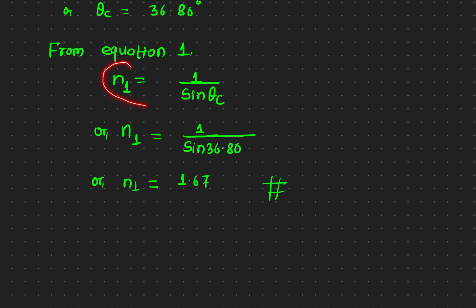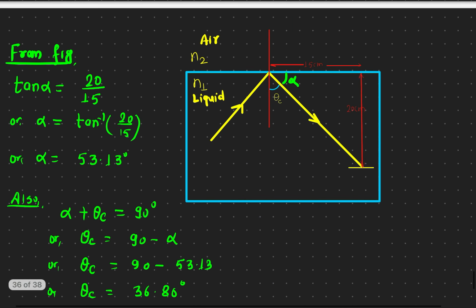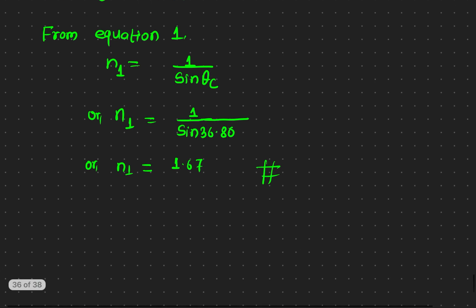Now the refractive index and the critical angle relationship is given by this equation. So if I plug in the value of theta c, I get 1.67. What does this mean? That means the refractive index of this medium must be 1.67 or slightly smaller than this. It cannot be greater than this.